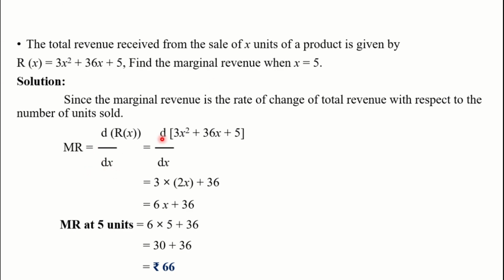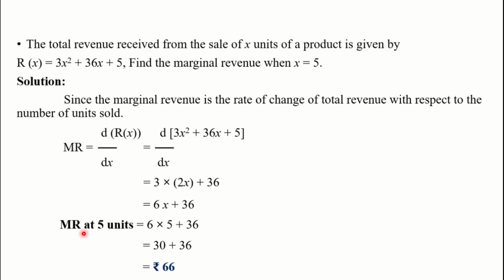The revenue function is 3x square plus 36x plus 5. The derivative of 3x square is 3 into 2x, plus 36. The derivative of x is 1. Marginal revenue is 6x plus 36.